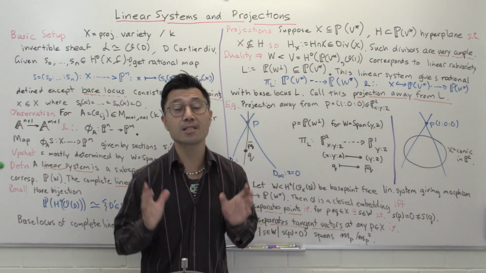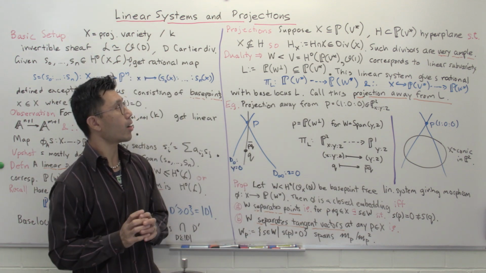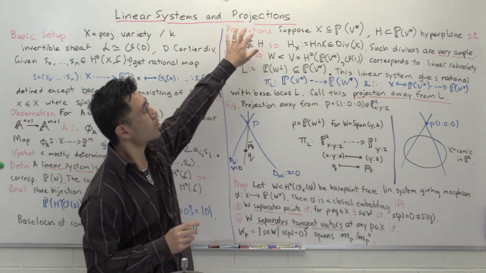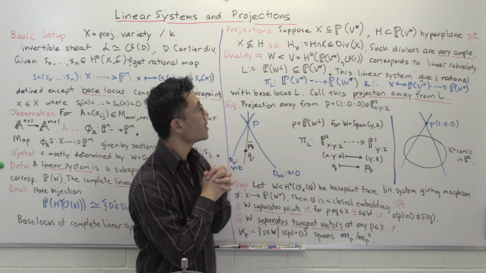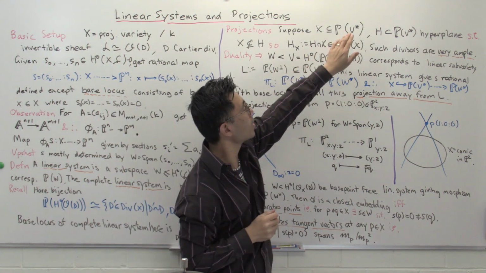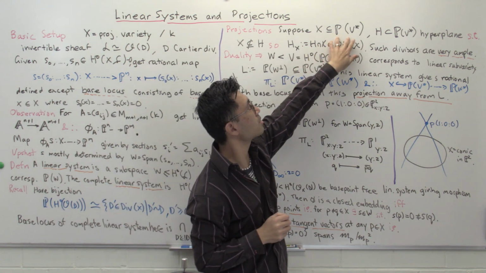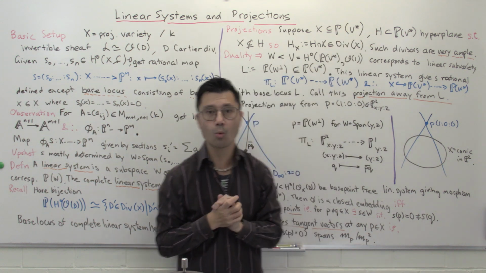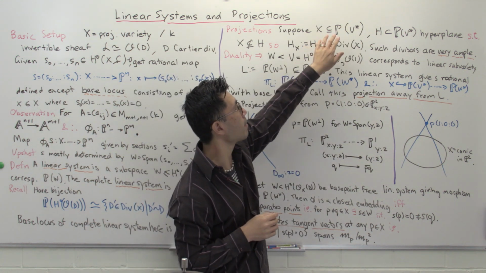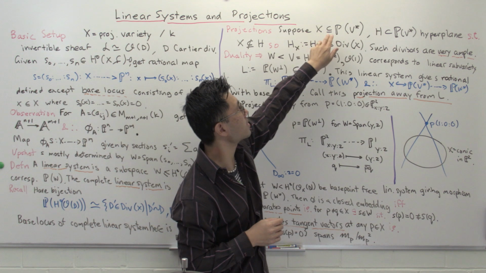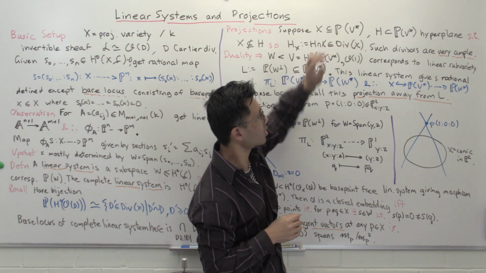So let's have a look at the simplest example of what's going on. I want to look at projections. The easiest case will be when you just start with a projective space P(V*), but it also works when X is some projective closed subset of P(V*), some projective variety like that.